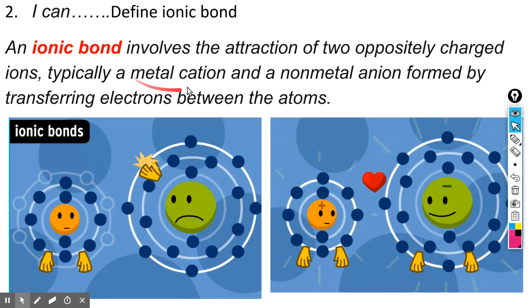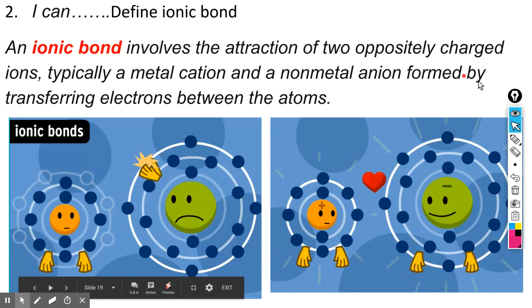Remember, an ionic bond is between a metal cation, the positive thing, and a non-metal anion, the negative thing, formed by transferring electrons between the two atoms. So an ionic bond is formed when atoms transfer electrons to become charged, and that oppositely charged positive-negative attraction is what forms the ionic bond.